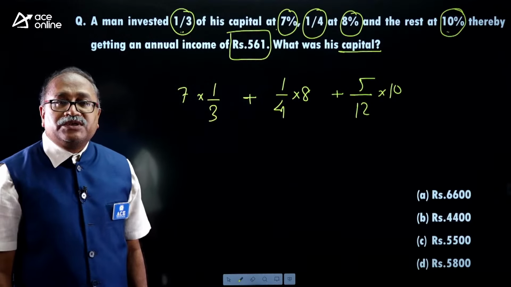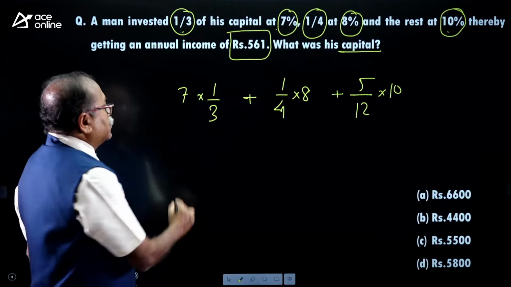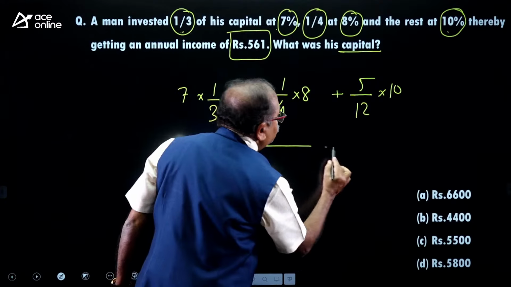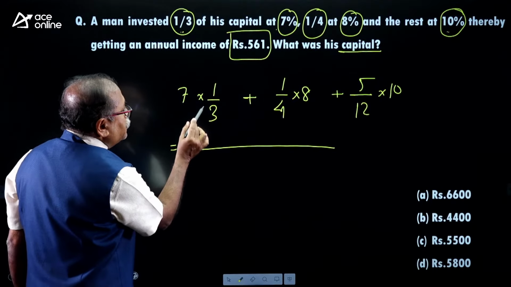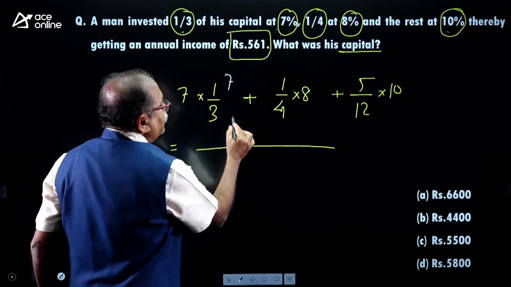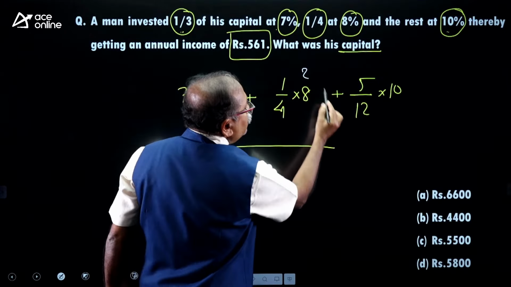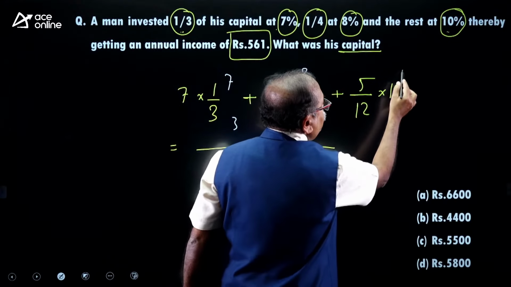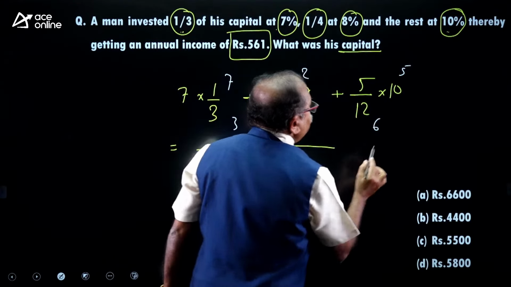So what is the total percentage profit you are getting? I am just giving a clue to you, this 7 by 3, right my friends? This is 7 by 3 and this is 2, and here it is 5 by 6.